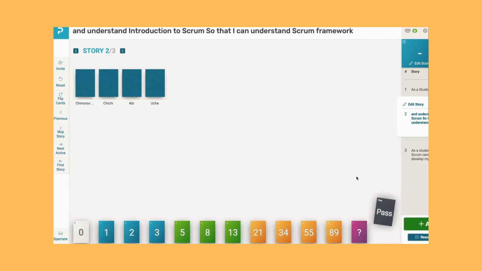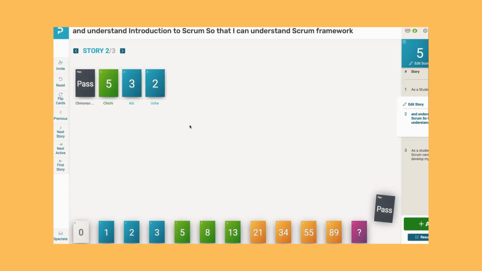Awesome. Thank you, team. And then I will do pass. And I can flip the card. Great. So this story is an average of 5, but it's not. I want to see how I set this.